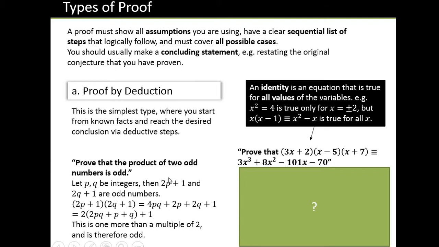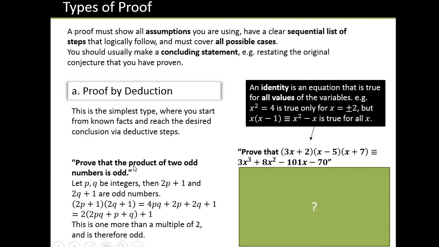And then if you double any odd or even number, it will obviously make it even, won't it? But then if you add 1, 2P add 1 is definitely odd. And then 2Q add 1 is also an odd number. Okay, so that's first defining our odd numbers.